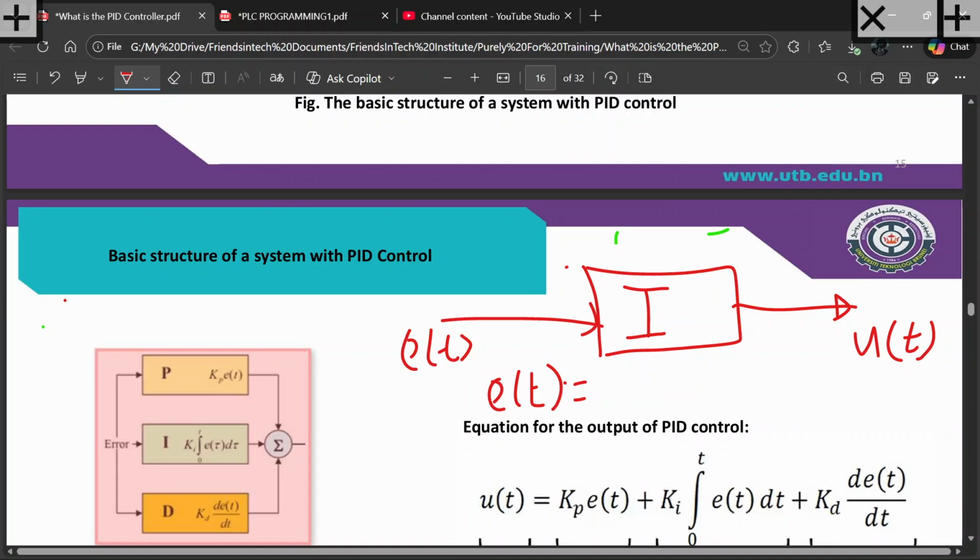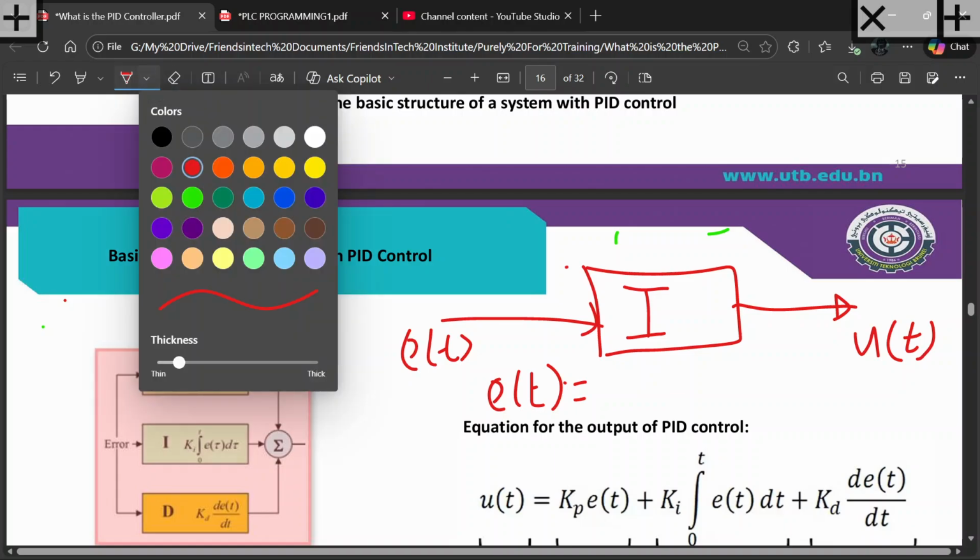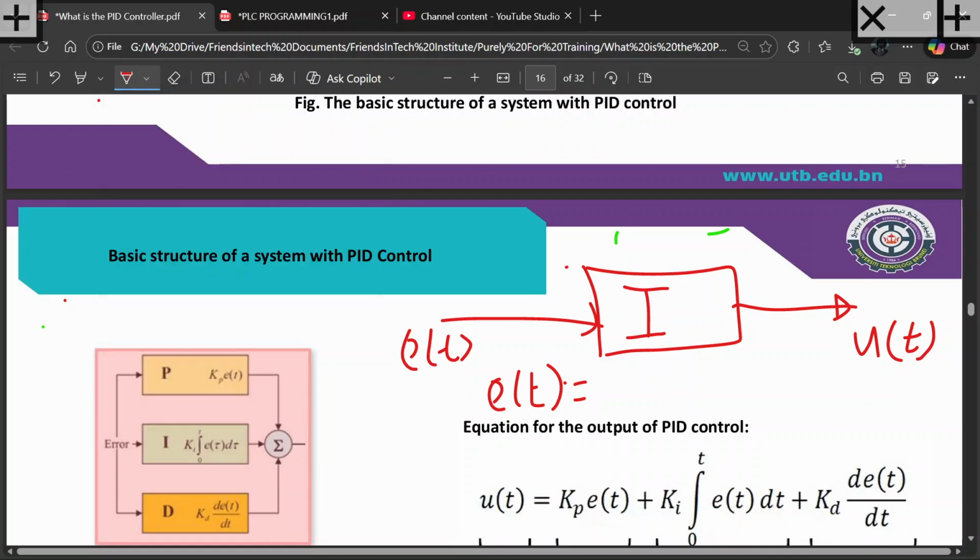So basically you are integrating. Oh, sorry, I think I've misled you. For Kp it is the other way around, sorry, I think I've messed up there. Sorry about that. So u of t will be Kp times e of t. We are just multiplying the error signal.